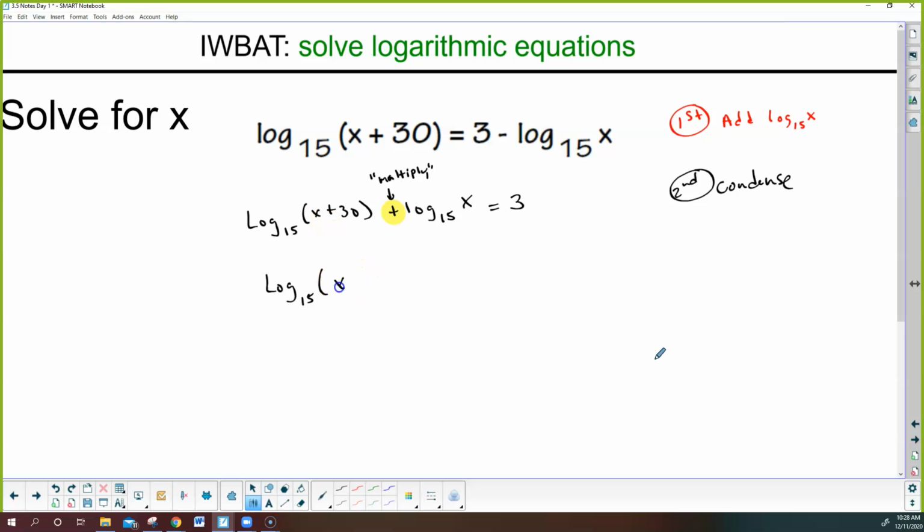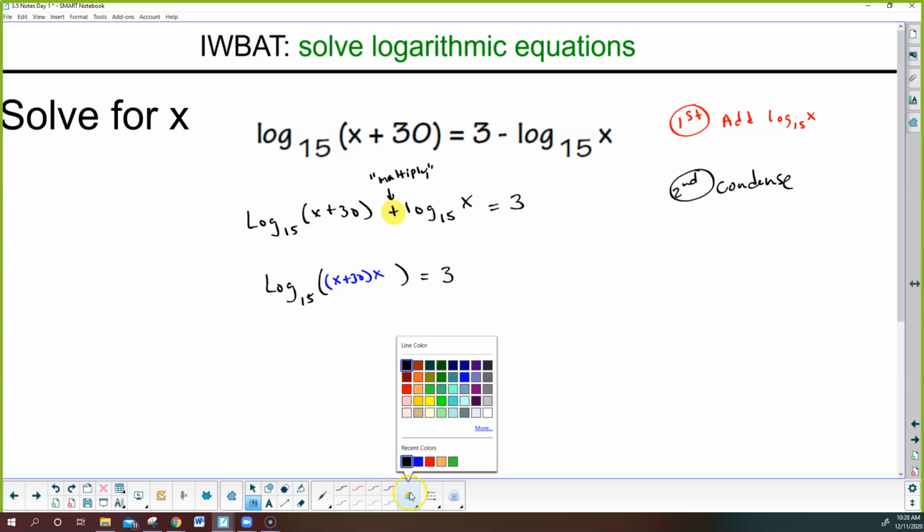So I'm going to do x plus 30 times x. I might write that in a different color so it just appears better. Which you can distribute here. I'm going to do that in a second.